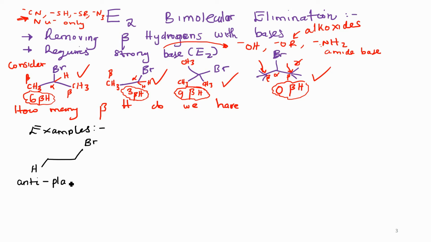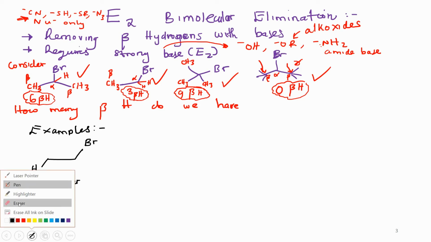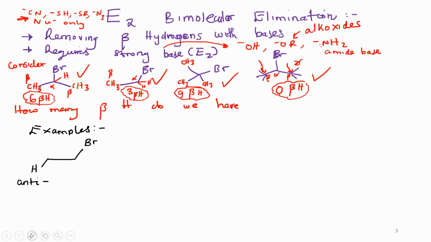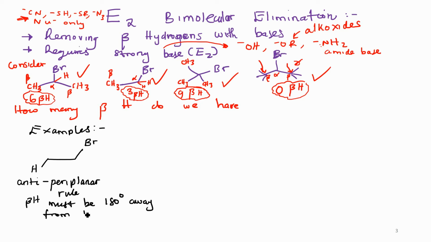There's a rule for E2 called the anti-periplanar rule, which means the beta hydrogens to be taken out must be opposite in stereochemistry, or opposite in configuration. So the beta hydrogen must be 180 degrees away from the leaving group in orientation.